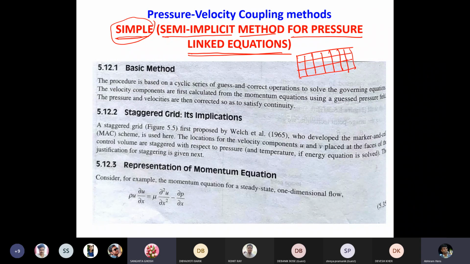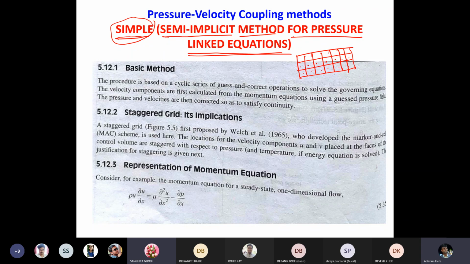We will first guess some value. If I consider finite volume or finite difference, these are the points, and at these points we have to assume some value of pressure, velocity, etc. That comes from the initialization step. In software you will see a step called initialization.